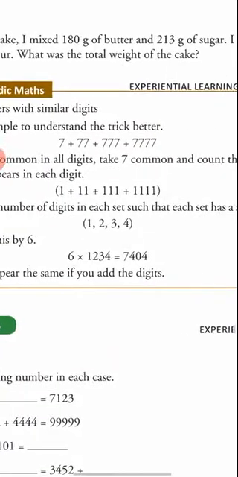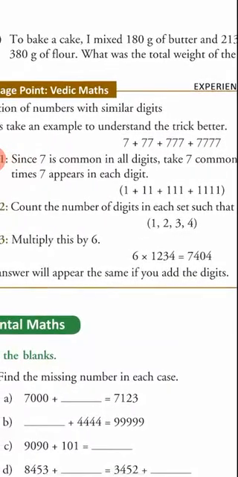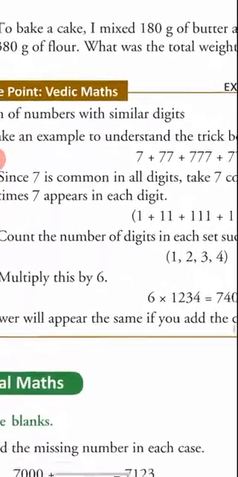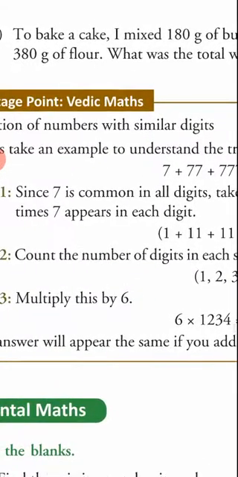So when you will add all these three ingredients, you will get the total weight of the cake. So here also in your answer, you just need to put your statement short and simple, and in that way you will get your answer.